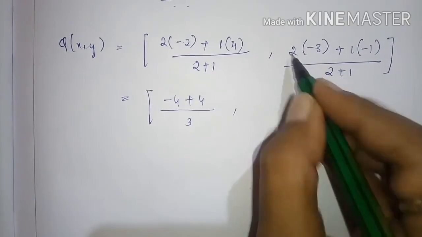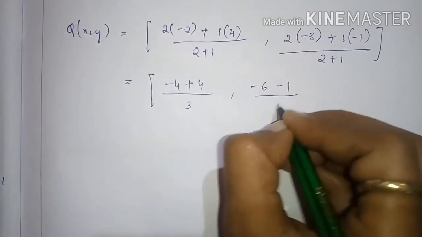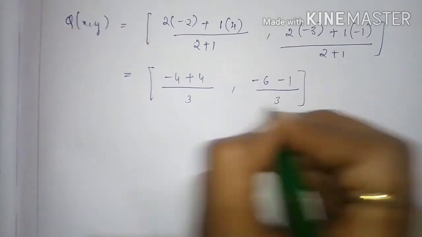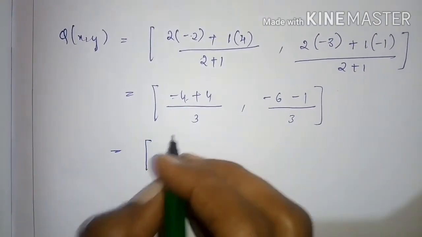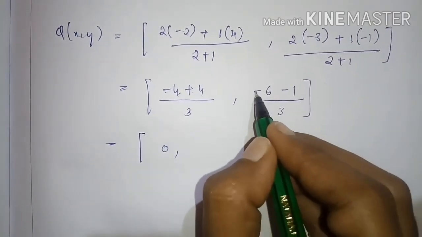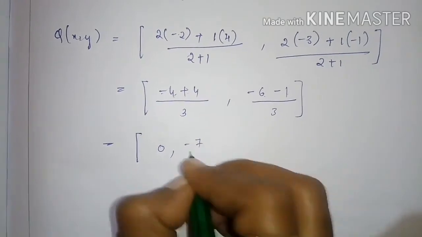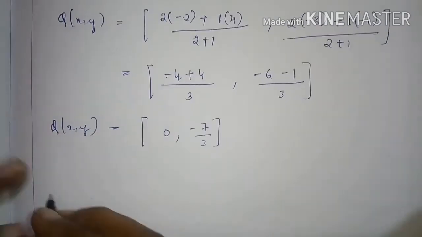This is -3 times 2 is -6. 1 into -1 is -1 divided by 2 plus 1 is 3. This becomes 0 because -4 plus 4 is 0. 0 by anything is 0. 0 comma, and -6 minus 1 is -7 by 3. This is Q of x comma y.